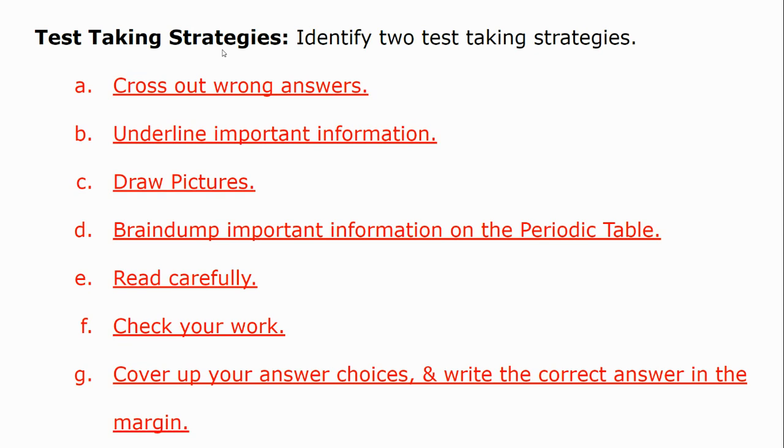Please read your questions carefully, check your work, and cover up your answer choices and write the correct answer in the margin. So what that basically means is as you are going through your answers, think about what the answer should be in your head first, and then look for that answer among your multiple choice questions.